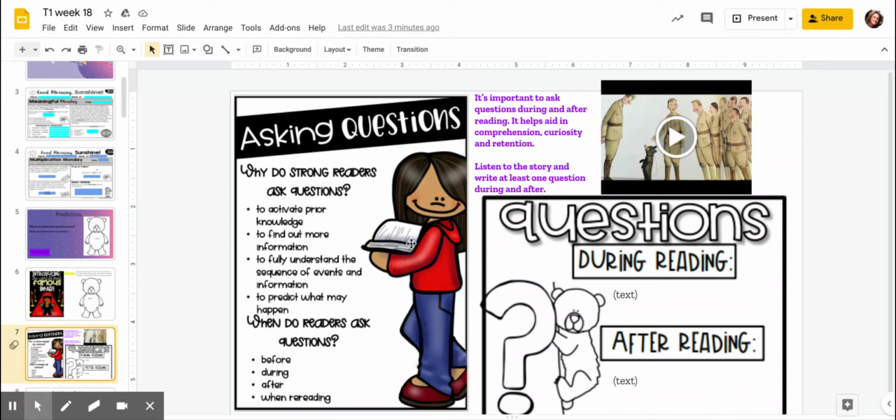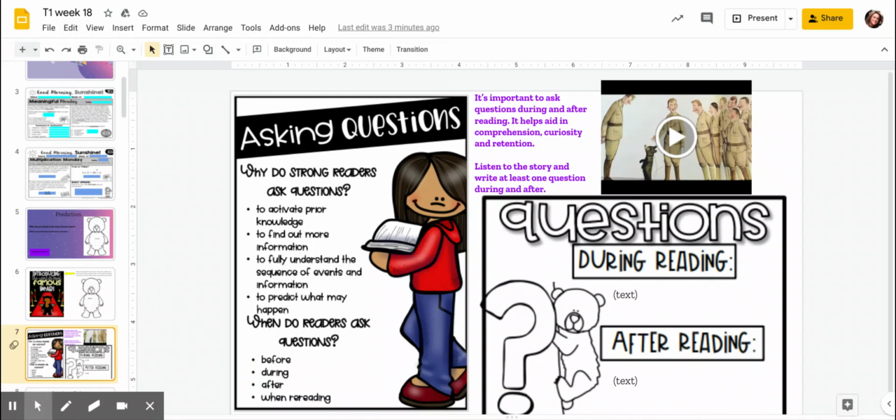And then over here to the left, it talks about why asking questions is important. It activates prior knowledge. So when you question things, it brings up schema about what you already know. So if you know anything about this bear already, then what you learn in the book about the bear will easily connect to what you already know, and you'll retain it better.